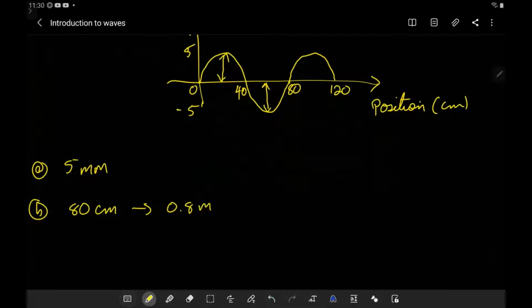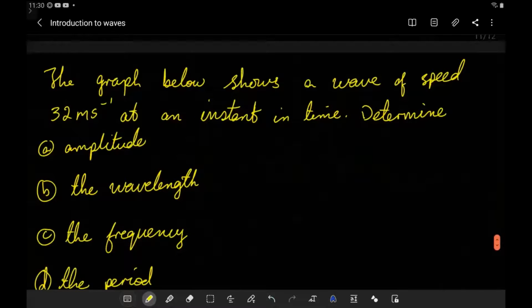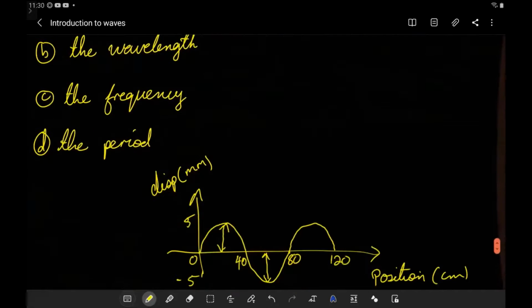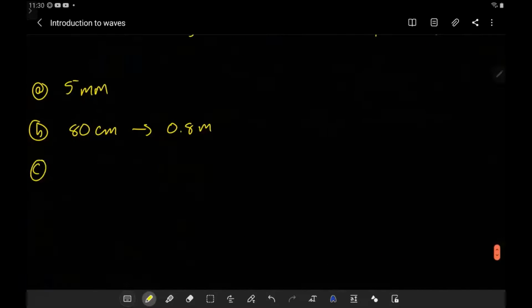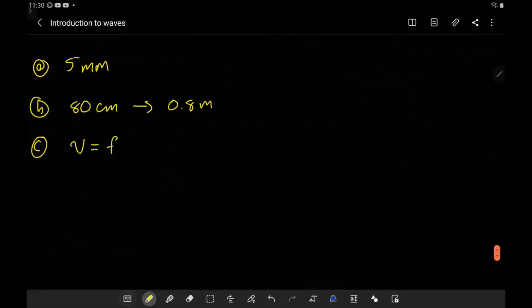Okay, and from this, can we calculate the frequency? Well, they told us in the question that the wave is traveling at 32 meters per second, so we know the velocity. So part C, which is asking us for the frequency, we have v = fλ, and from this we can see that f = v/λ, by dividing both sides by lambda.